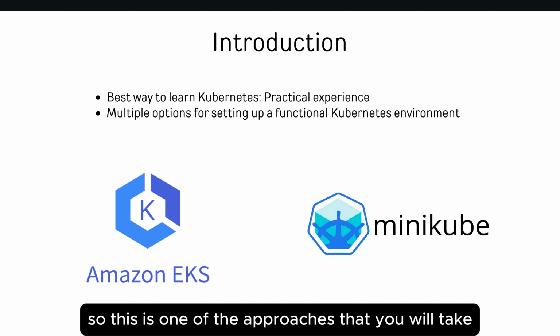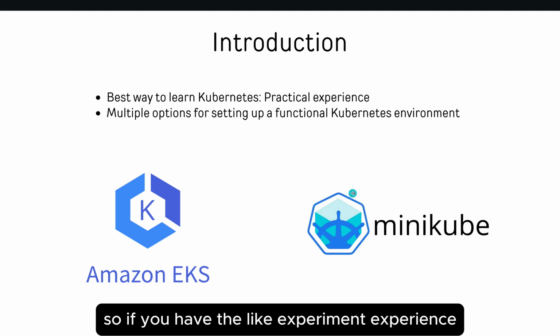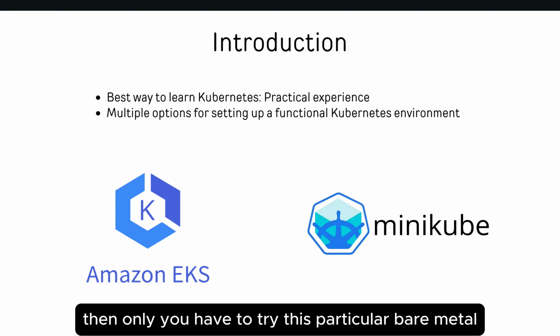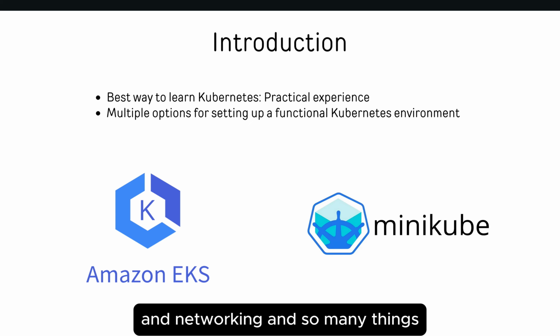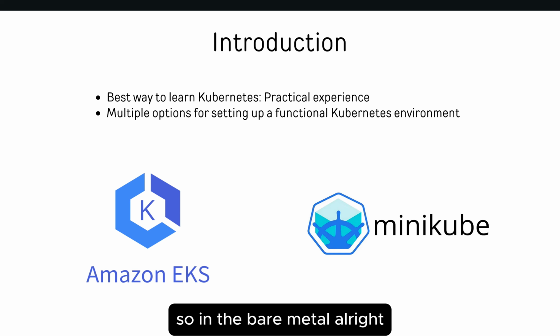This is one of the approaches you will take once you understand Kubernetes pretty well. If you have more than 5 or 7 years of experience, then only should you try this bare metal installation, because we need to take care of more connectivity and networking and many other things.